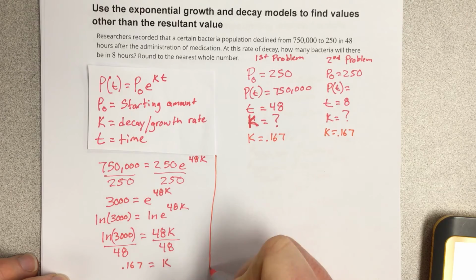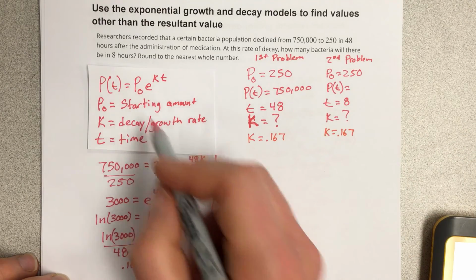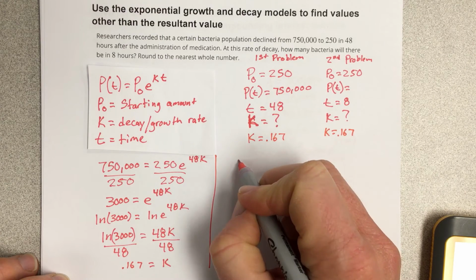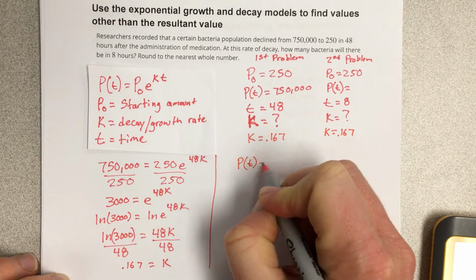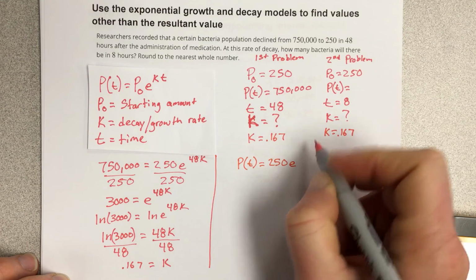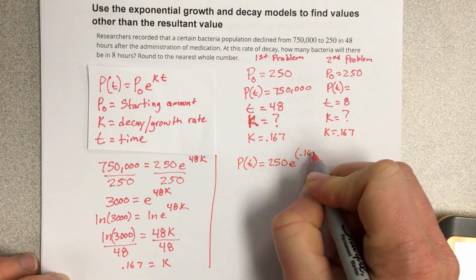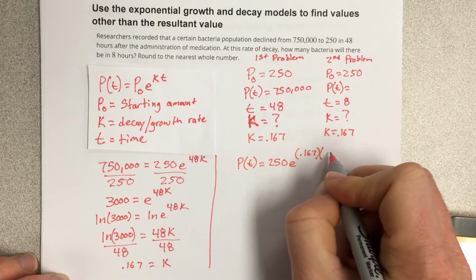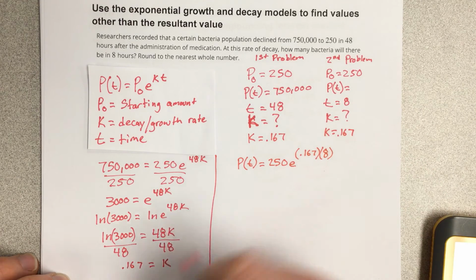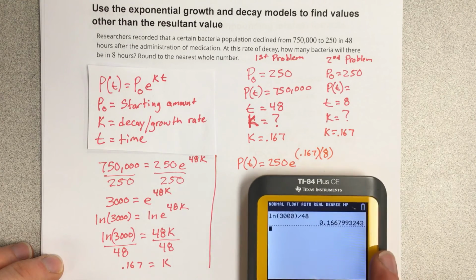So then I'm going to plug all this into the formula again. We have P of T is equal to 250 e to the K value, which will be that 0.167, and then I'm taking that times 8 as well. But I'm not going to use 0.167.